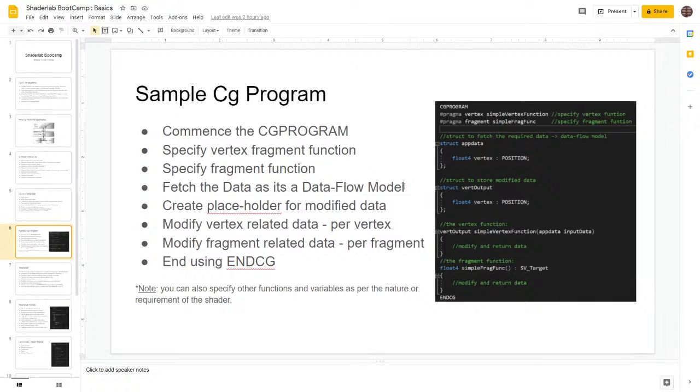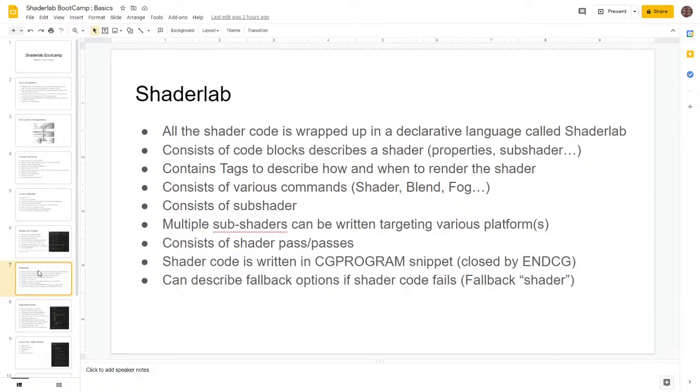That said, we have not yet come to the point where we have to write this into Unity. So if you take this code directly, will you be able to write this into Unity? But how? That's a good question. ShaderLab. When you are writing your own application, suppose Unity, which has a CG compiler, a CG program, how are you enabling this mapping between your CG compiler, your CG program, and your artist who is actually having a material in which a shader is attached, and changing the properties?